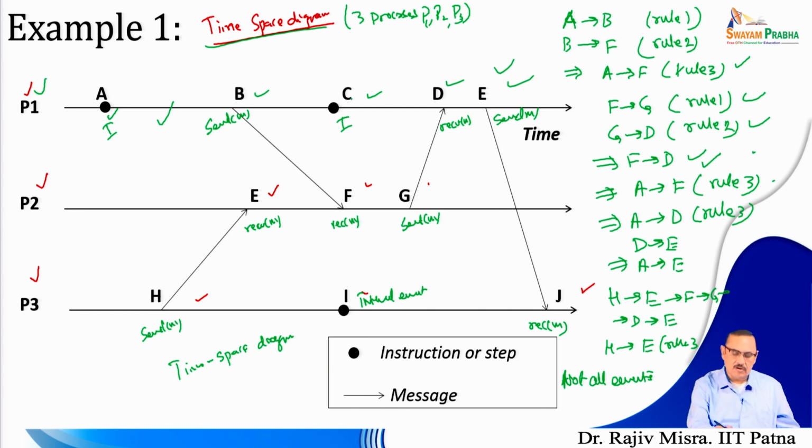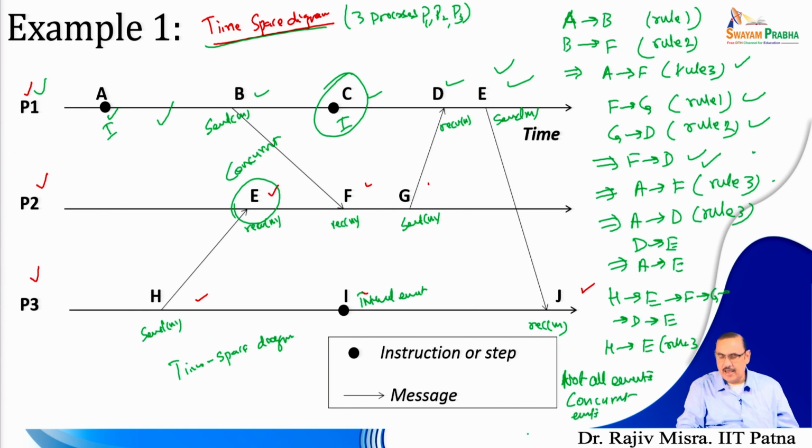For example, if you want to find out the relation between E and C, there is no happened before relation between E and C, and such events are called concurrent events. They do not have the happened before relation. Therefore, the ordering given by the logical clock is a partial ordering.